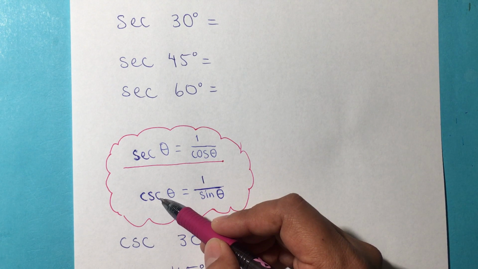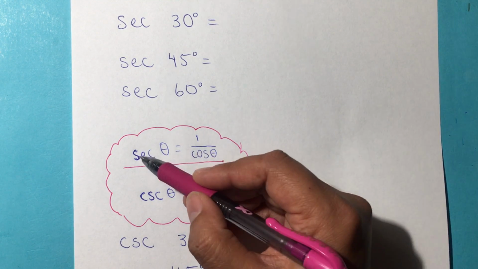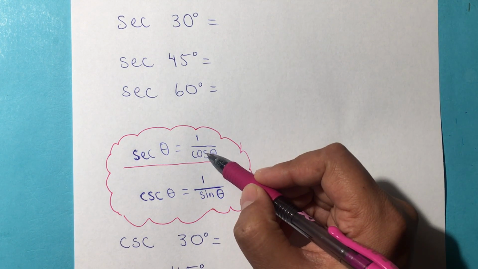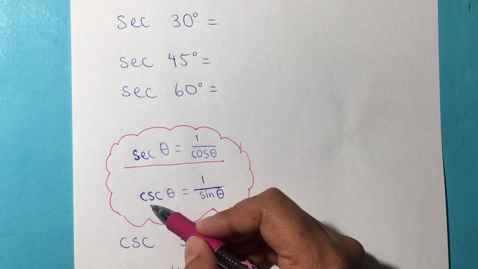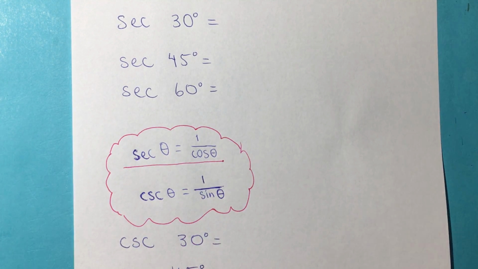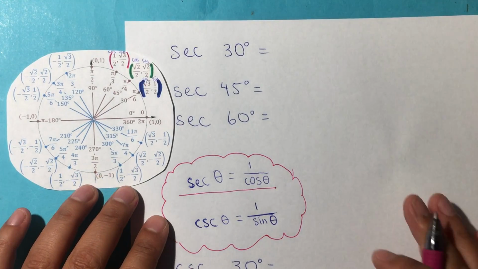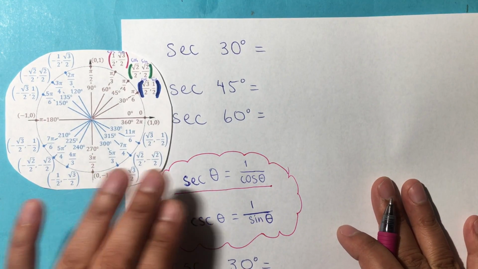And cosecant goes with sine, not with cosine. Secant with cosine and cosecant with sine. So they kind of go with the opposite. Hopefully that trick will help you, but if not, have this handy.